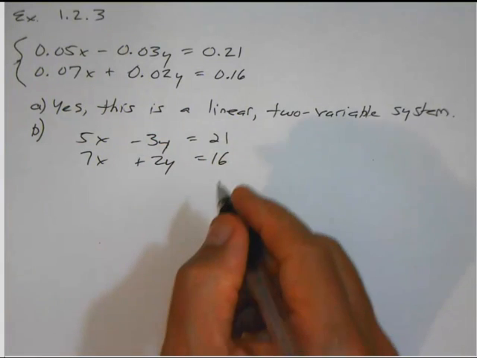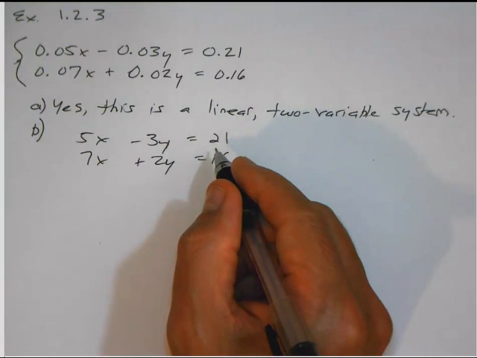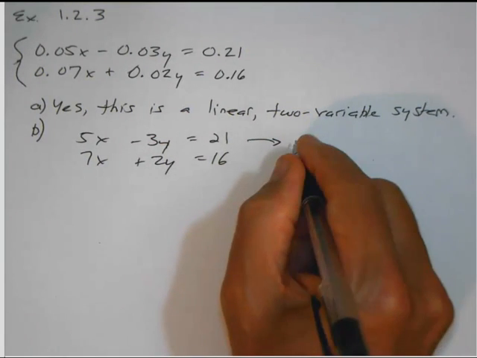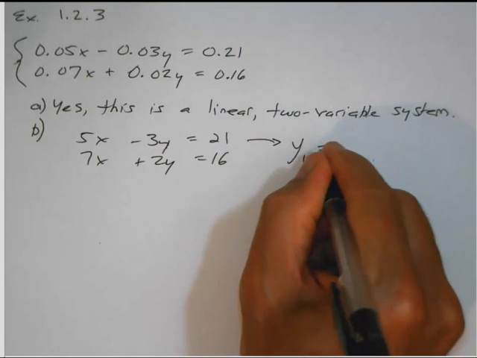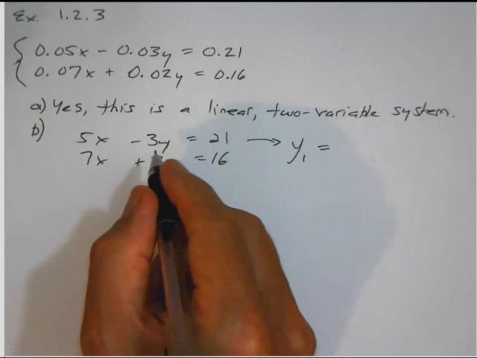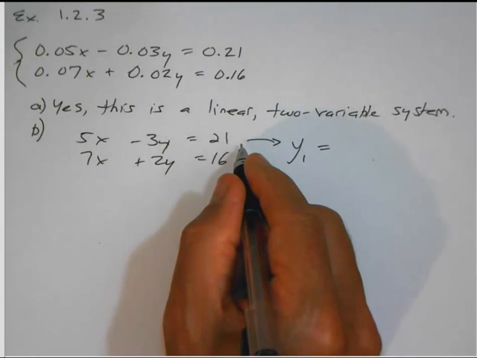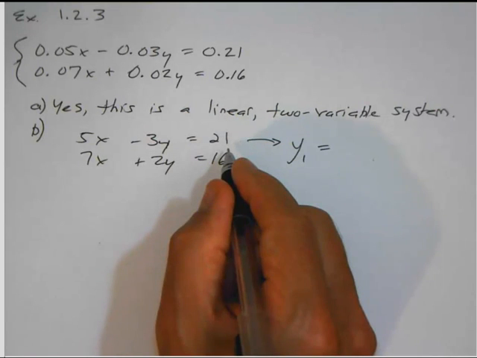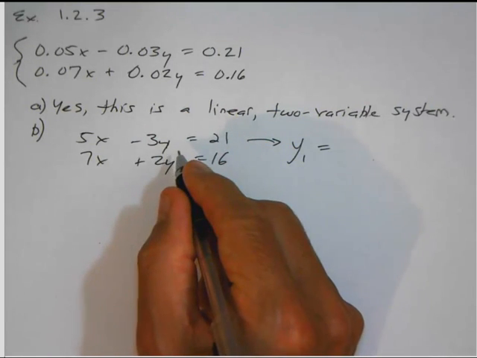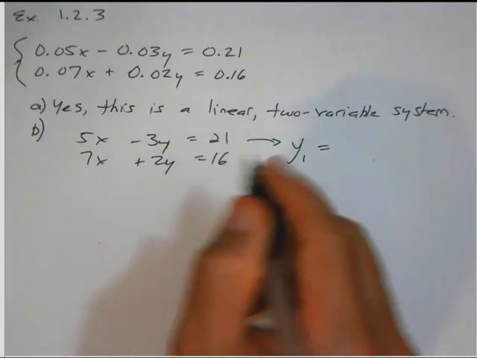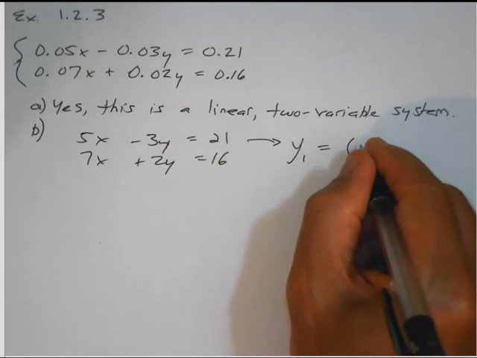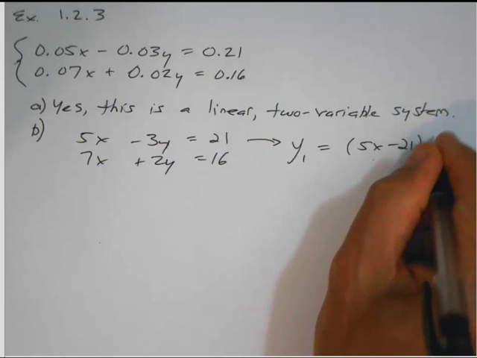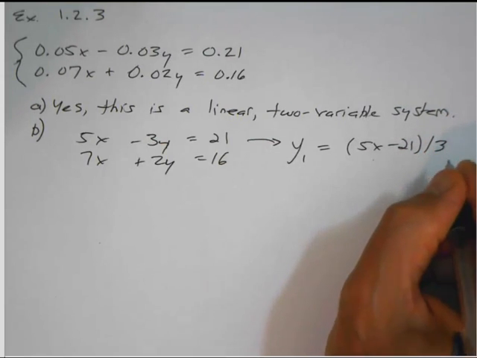Alright, from here, this is a little easier to solve for y. In this first one, we could have a y1 equal to, let's see, subtract 5x from both sides. Multiply both sides by -1, and then divide both sides by 3. We'd then have, parenthesis, 5x minus 21 divided by 3.